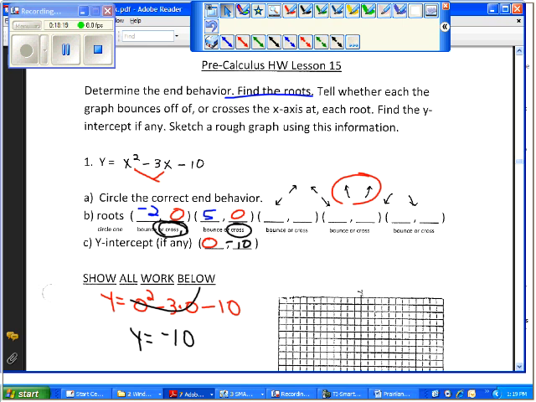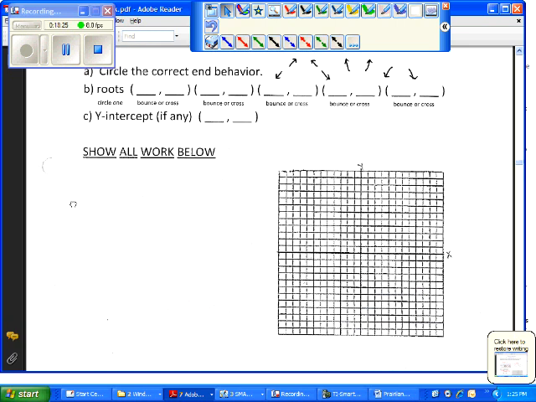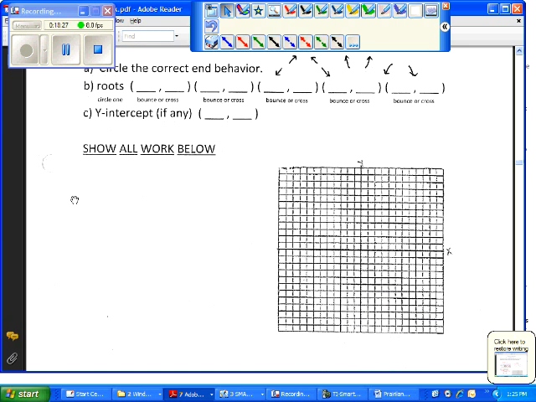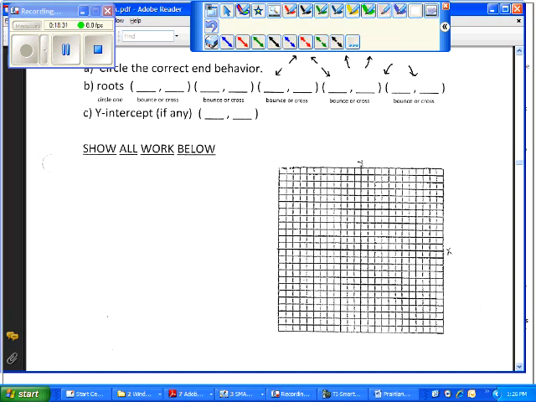Now, we want to graph this, and y'all have got all the information. I'm going to have to move the graph, okay? So, what we know is that the roots are what? Negative 2, 0, and 5, 0.